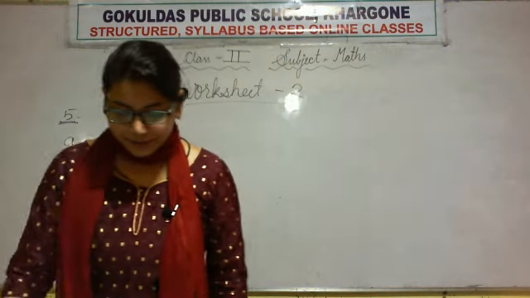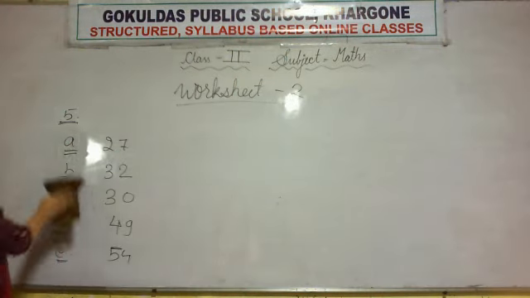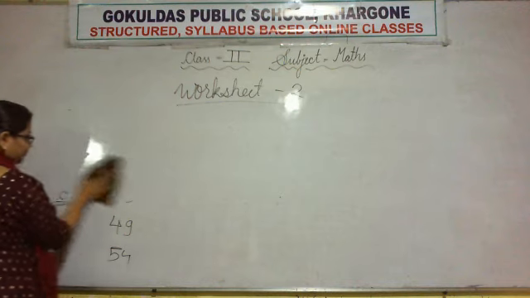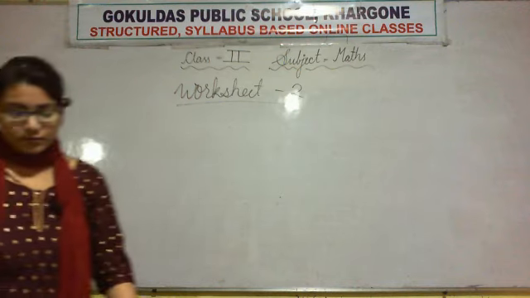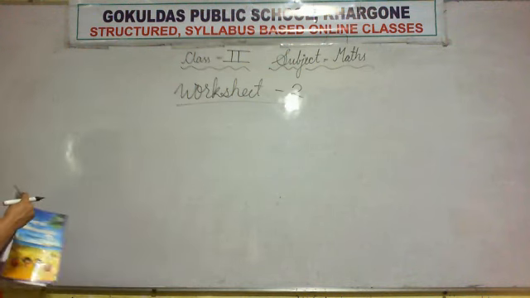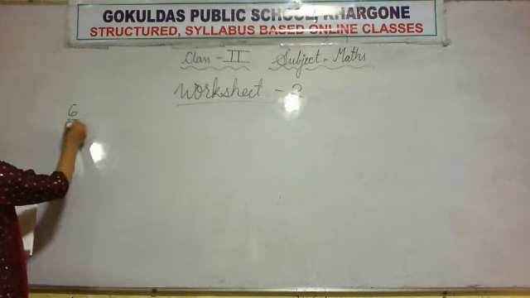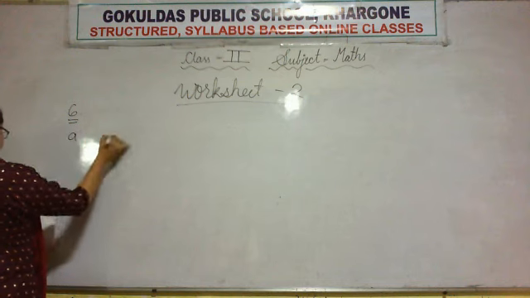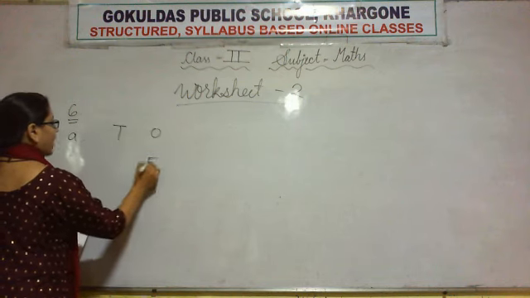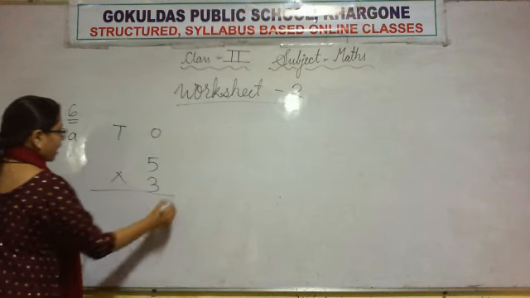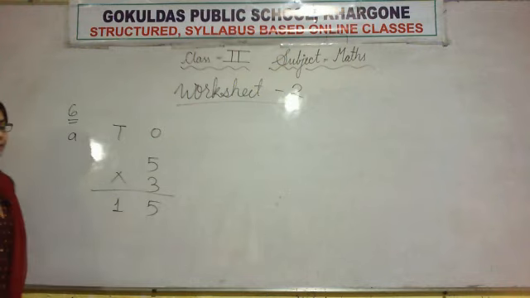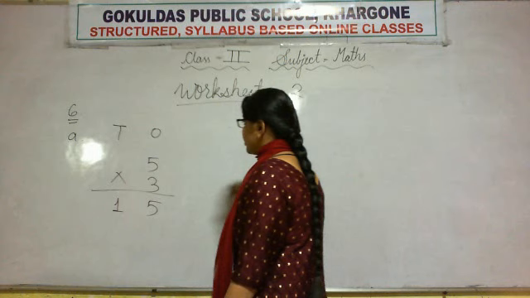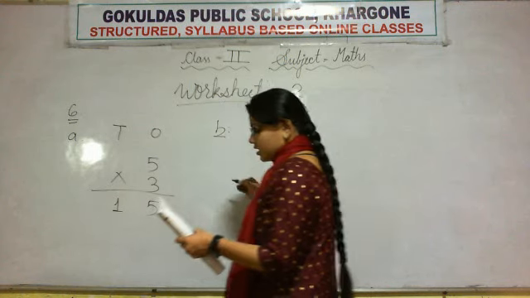Now the next question, question number 6. Part A, 5 into 3. So 3 5s are 15. If you know the table, you can solve all the questions of question number 6.